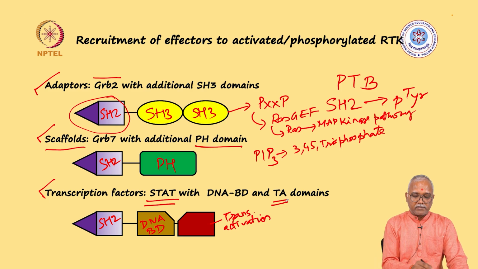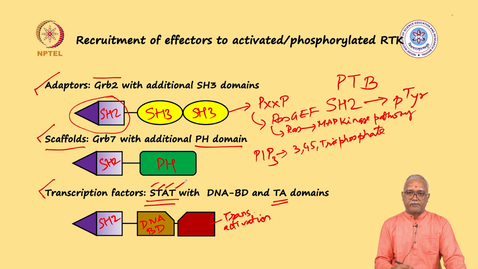So basically this kind of molecule will serve as a transcription factor, and STAT is also called signal transducer and activator of transcription. We will see more of this particularly with respect to the JAK-STAT pathway in coming slides.